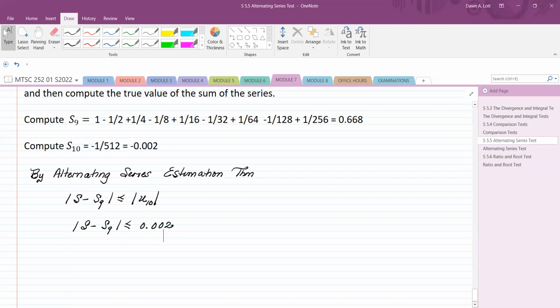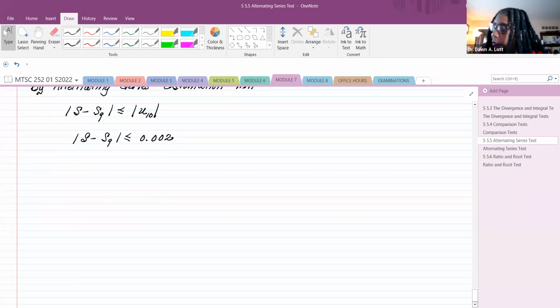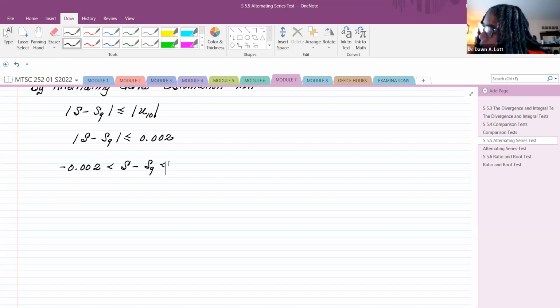Okay, so we all know how to solve an absolute value problem that says negative 0.002 is less than S minus S9. And this is less than, actually it's strictly less than, it can't be equal to, 0.002.